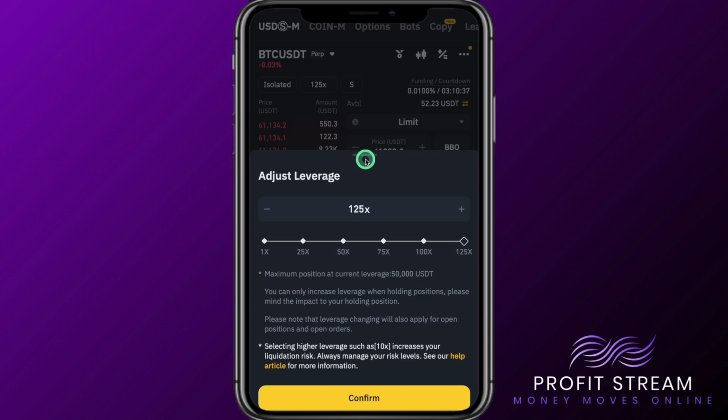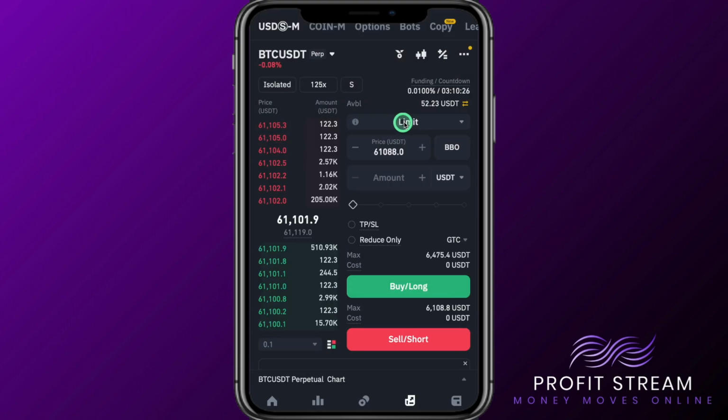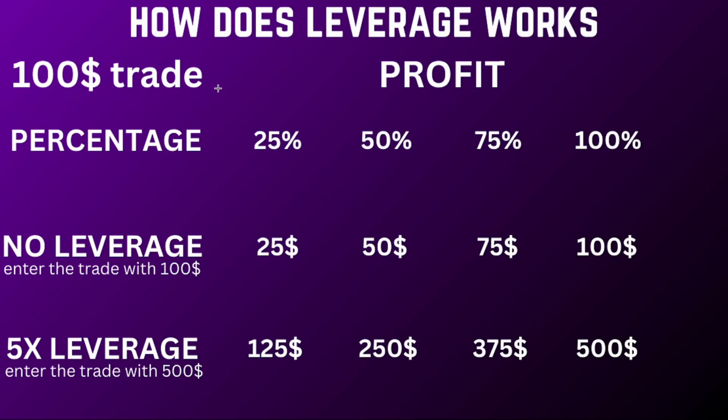What is leverage? Leverage is you borrowing money from Binance to enter a larger trade, but it comes with its own risks. Let's say you have $100 you want to trade with. Here is the profit percentage. Underneath it is no leverage profit, and underneath it is your 5x leverage profit.